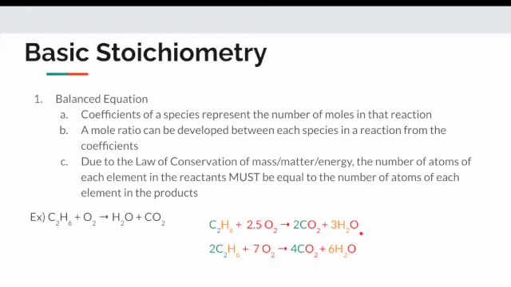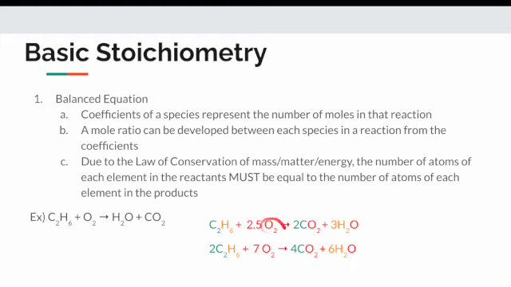Now, with 5 oxygen atoms and only the O2 species being a reactant for oxygen, that means that you're going to have 2.5 moles of oxygen. Now, in a chemical equation, you would want to use whole number coefficients. And so because of this, we are going to change this again.